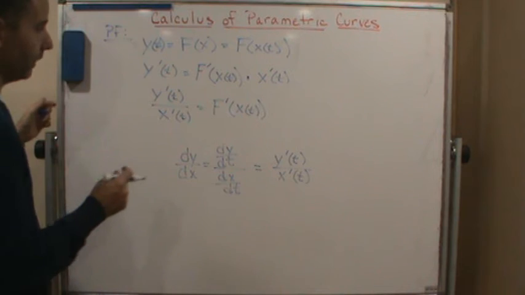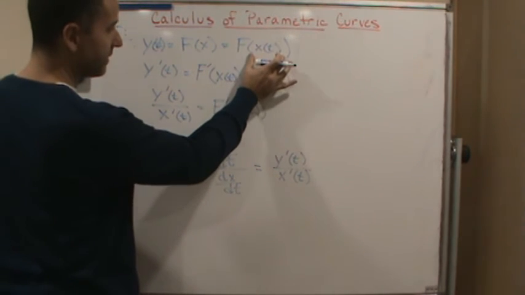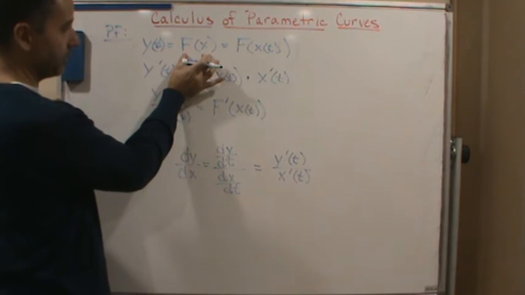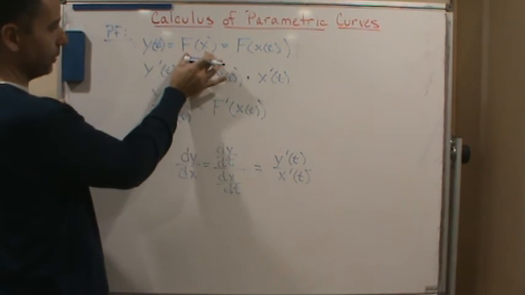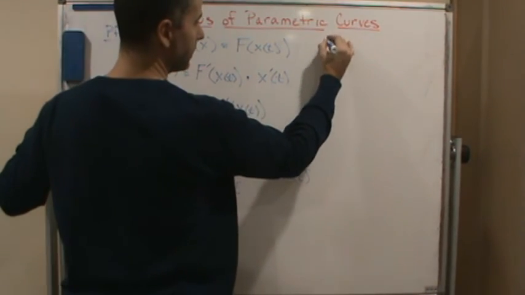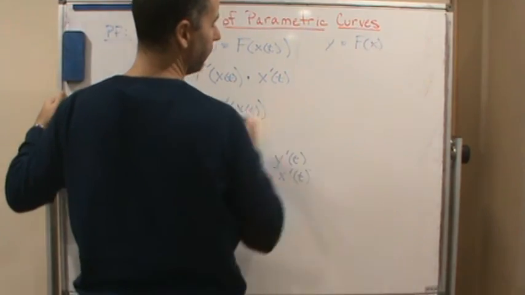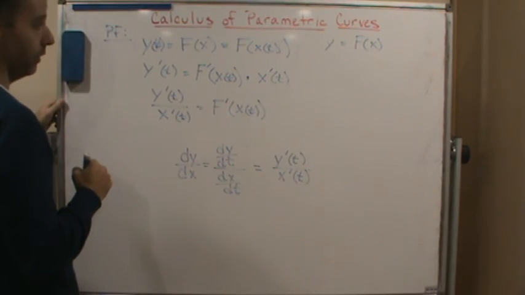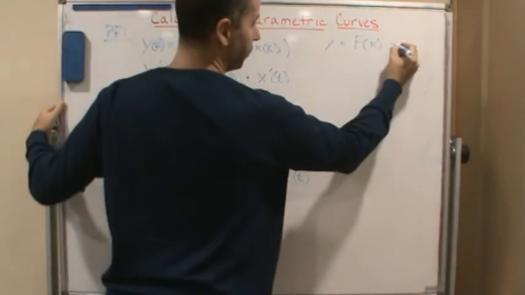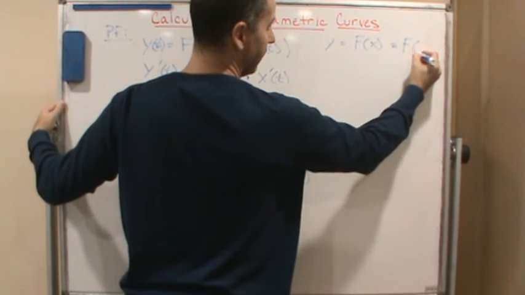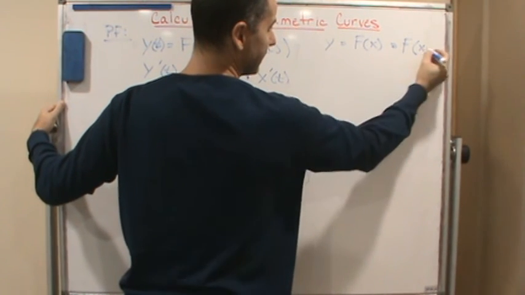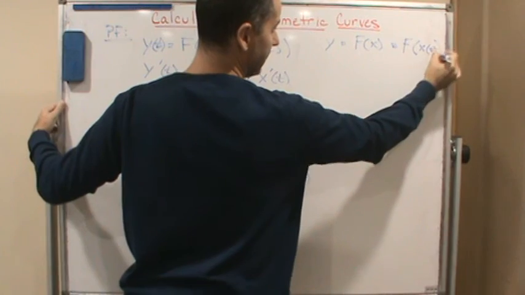Well, this is just equal to this, and this is y equal to f of x. So again, what we're doing is we start with y equal to just a function of x, which we can write this way, because x is also a function of t.